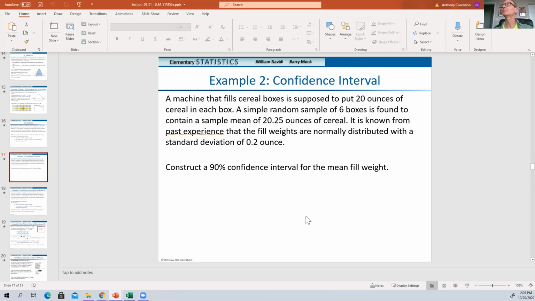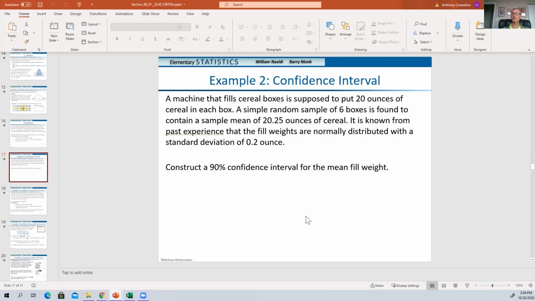So here we have a machine that fills cereal boxes and is supposed to put 20 ounces in each box. We take a random sample of 6 boxes and find a mean of 20.25 ounces of cereal. It is known by past experience that the fills are normally distributed.